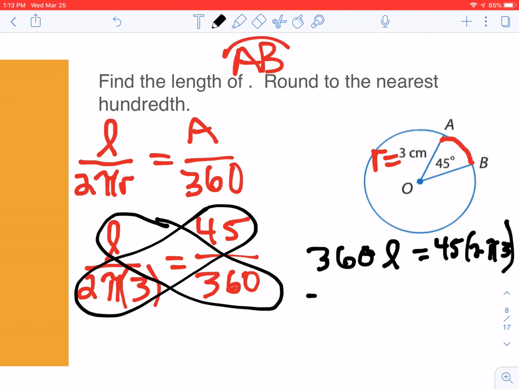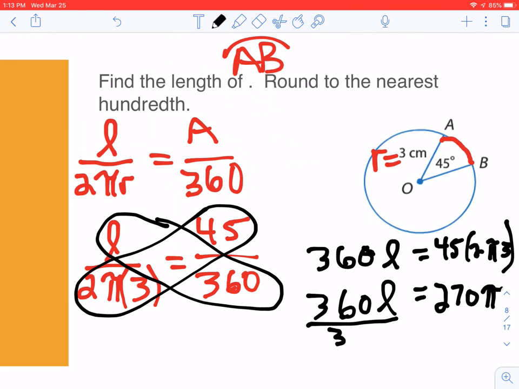So in your calculator right now, what I would do first is type in 45 times 2 times 3. What you're going to do is you're going to get 270 times pi. I'm going to divide both sides by 360. I'm running out of space. Over here, I'm going to put L equals.